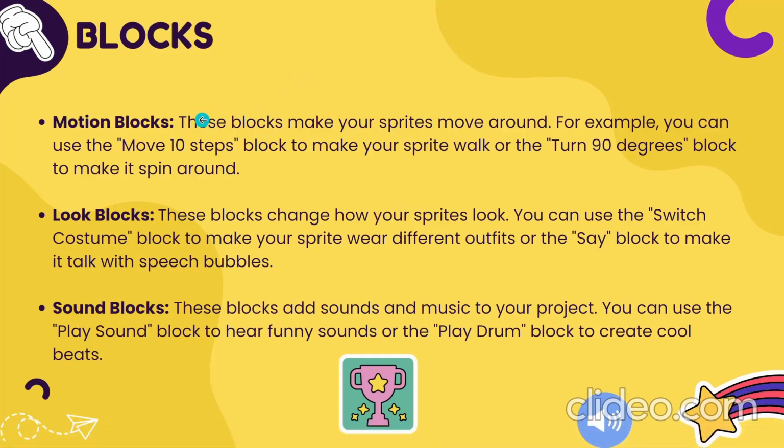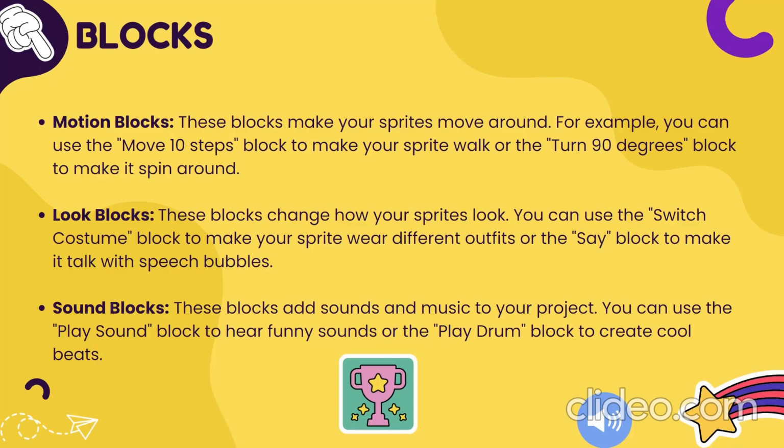First one is blue color, motion blocks. Now, what is motion block? The word motion is about making something move. So if in Scratch programming you want to make something move, or turn, or walk, or rotate, whatever movement you want to add to your character in your game, that can be added using motion.